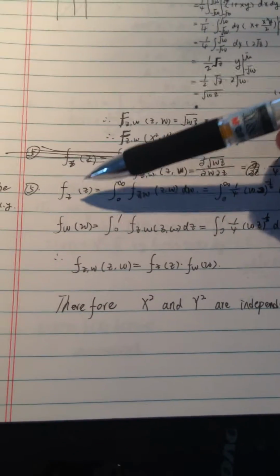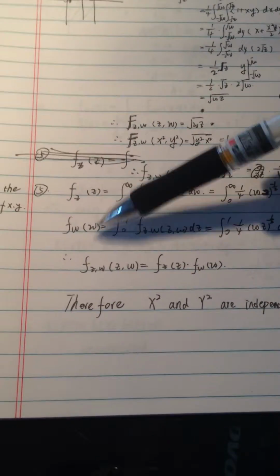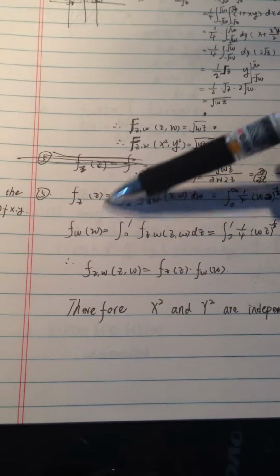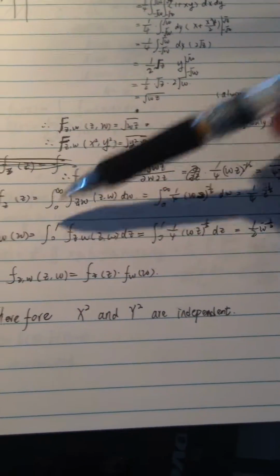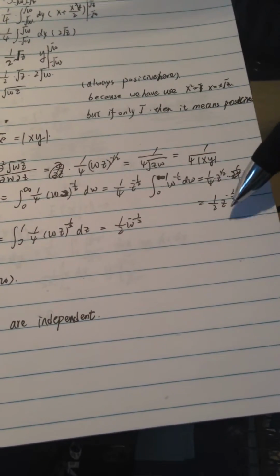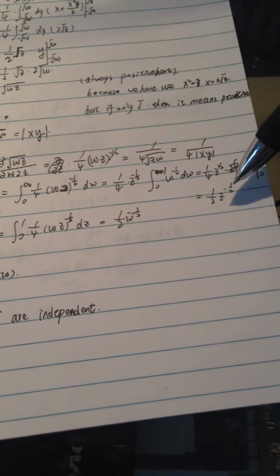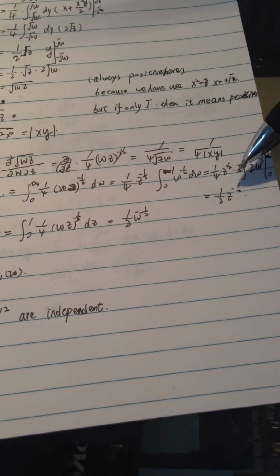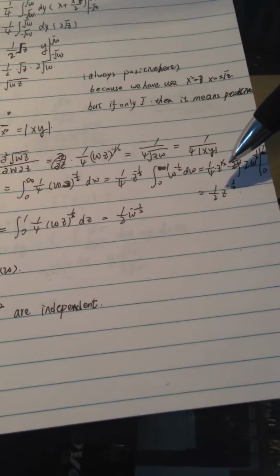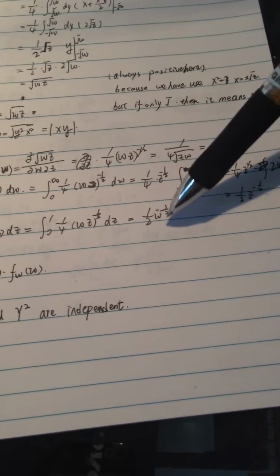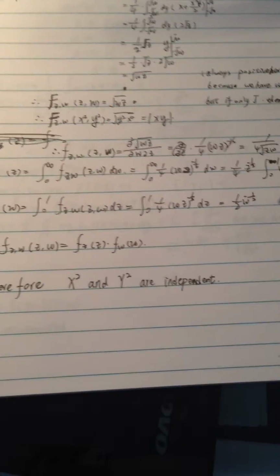Similarly, with the integration of these two functions, we find that this equals 1 over 2 times z to the power of minus 1 over 2, and for w it is very similar. It's even the same.